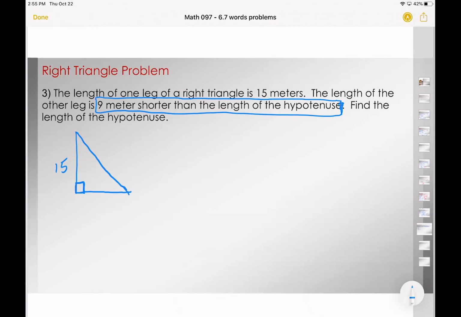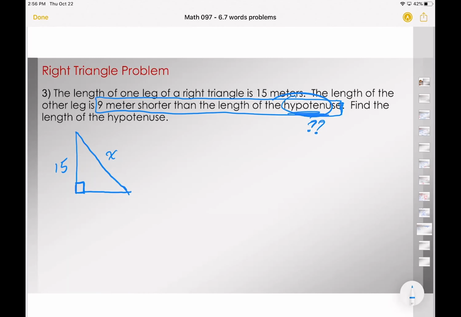But this one here, we stumble on this item. So let me ask you, when you read this, do you know the length of the hypotenuse? Well, clearly we don't know the length of the hypotenuse. And if you don't know it, let's say that this hypotenuse is x, because I don't know what the hypotenuse is.